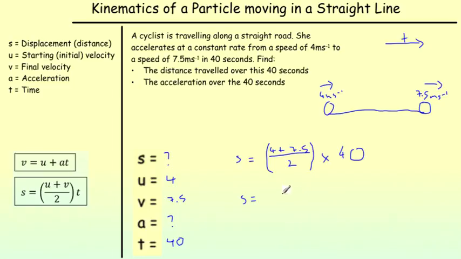So when we work all of that out, put that in the calculator, we get that is equal to 230 meters, because that is our units for displacement. So that's the answer to the first part. S is equal to 230 meters.